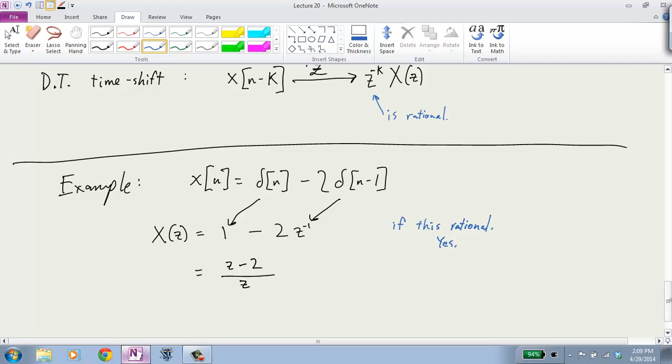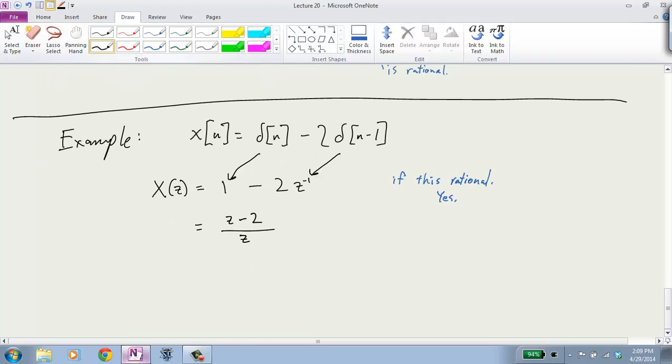Now, in the Laplace transform we had rules about the region of convergence for rational functions, and we have the same ones here for rational z transforms.